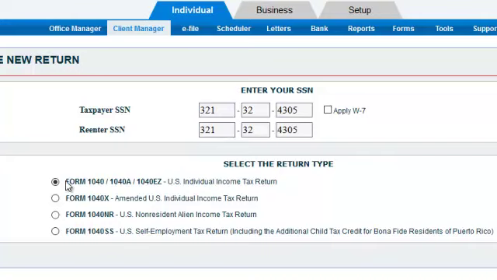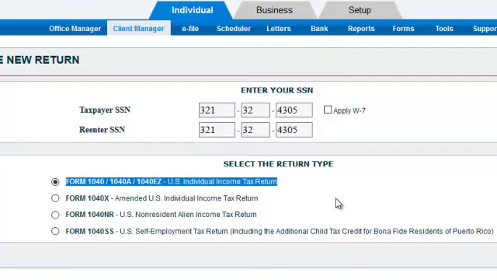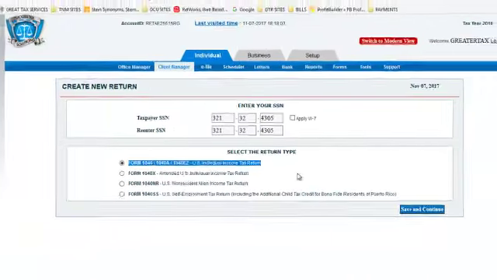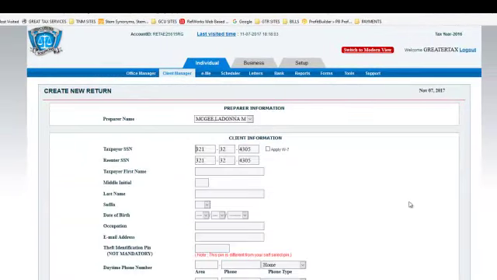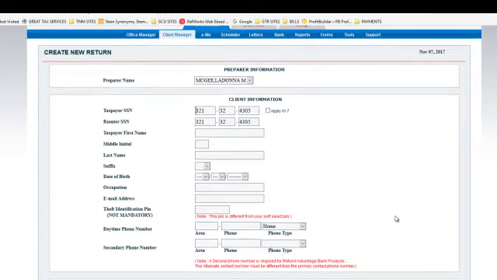Now, as you see here, it says Form 1040A and 1040EZ. The software does all three in one application, and it would populate which type is best for your return. So let's continue. Save and continue. And we want to populate the rest of this client's information.